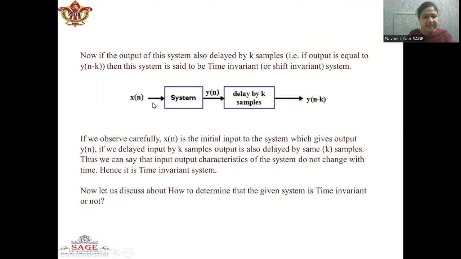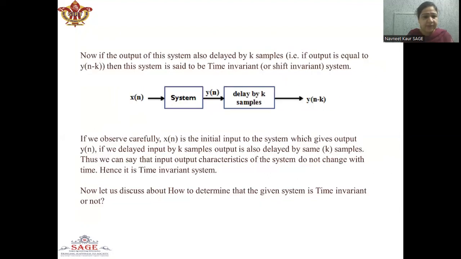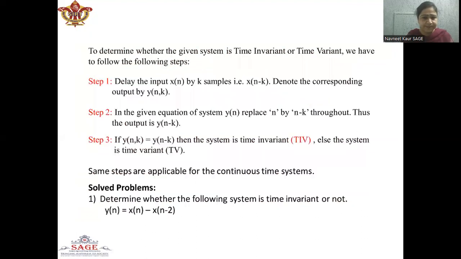Now, if x(n) is given to the system y(n), and y(n) is delayed by k samples, then y(n-k) will be generated. Now, if this y(n-k) is equal to this y(n,k), that means there is no change in the input-output characteristics of the system. So the system will be known as time invariant system. And if this property is not satisfied, then the system will be known as time variant system.